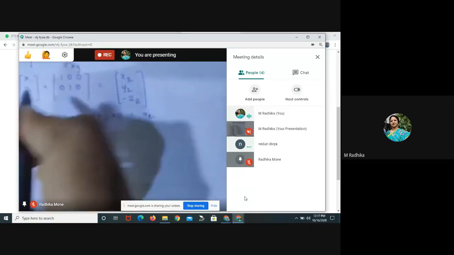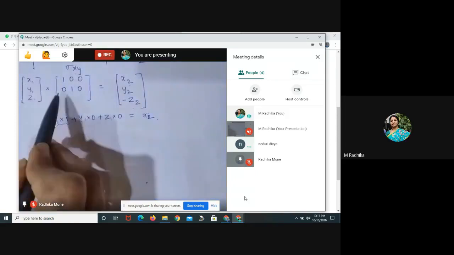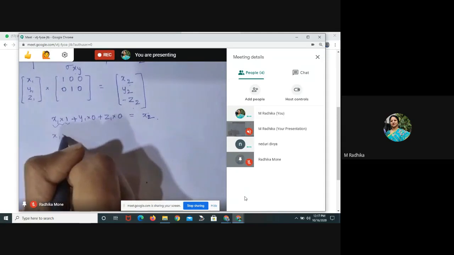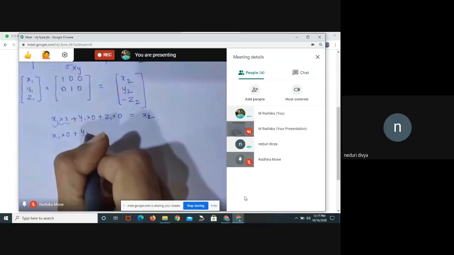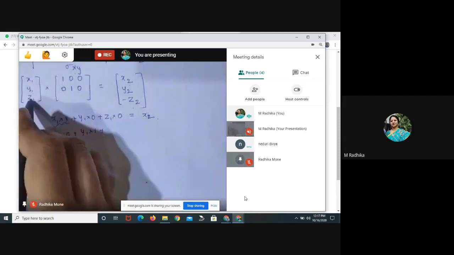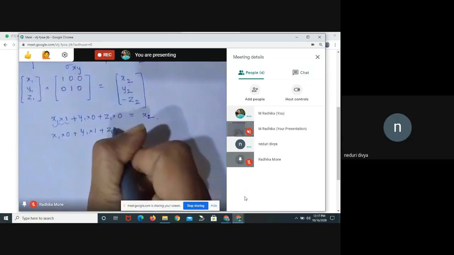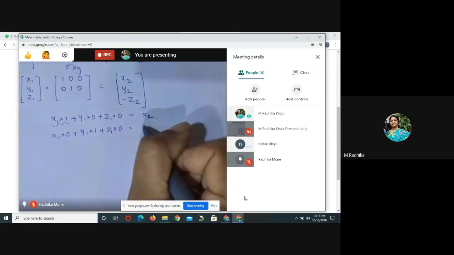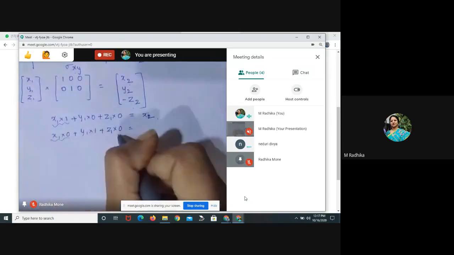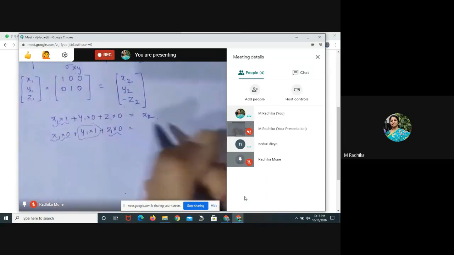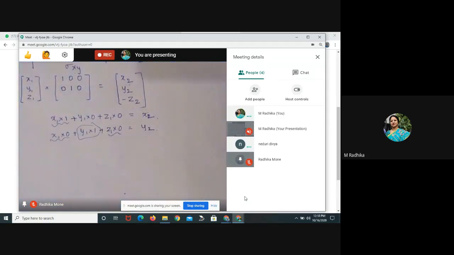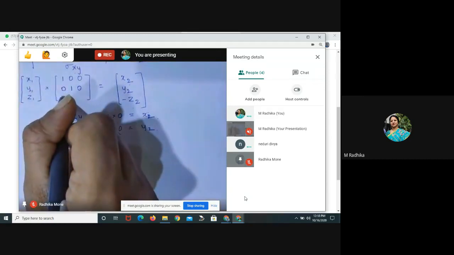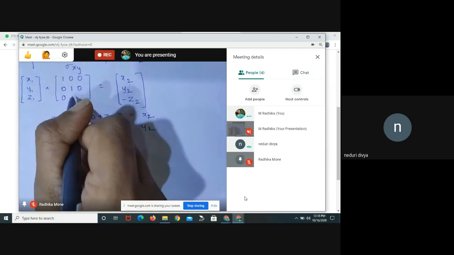X1 into 0 plus y1 into 1 plus z1 into 0. This part is 0, this part is 0, I'm left with only y1 into 1, which is nothing but my y2. That has not changed the position. Now the next one should be 0 0 minus 1.